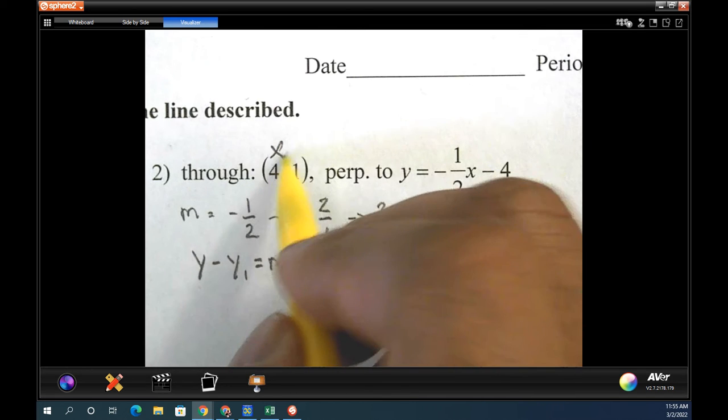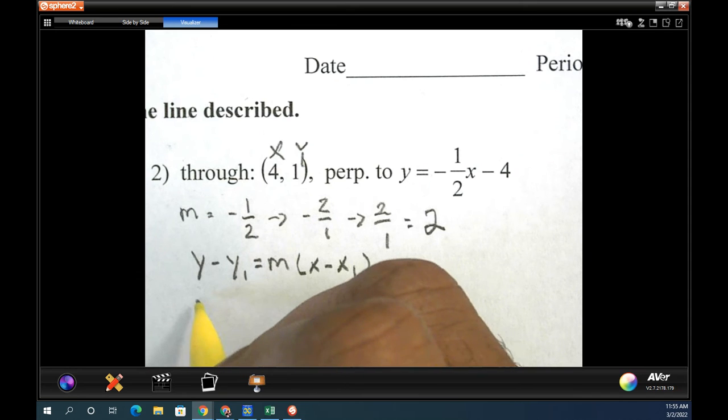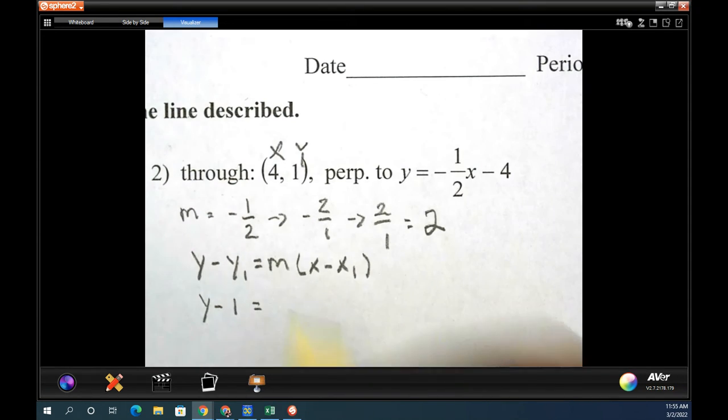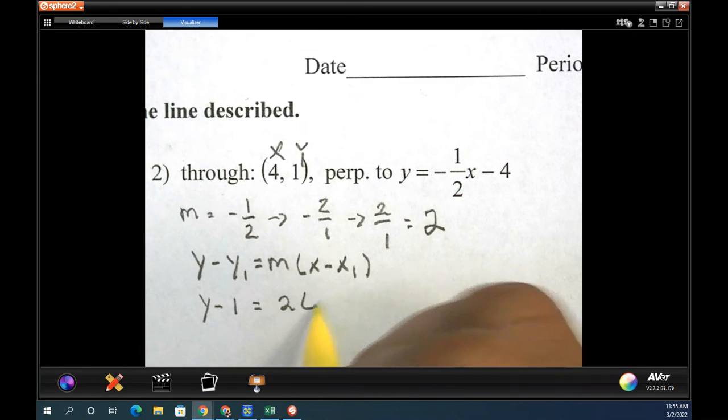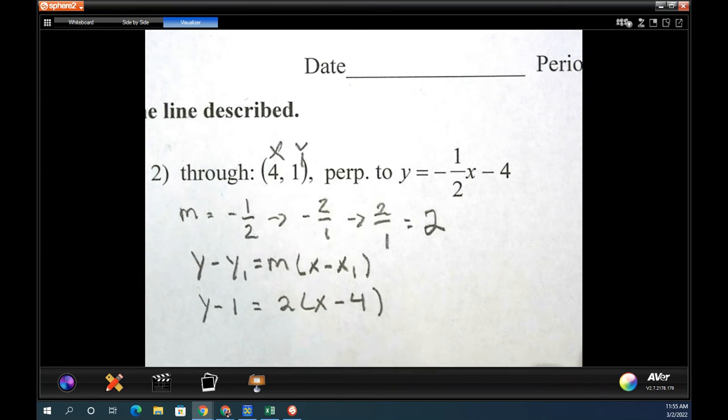There's your x, there's your y. So it's y minus 1 is equal to 2, our new slope, times x minus 4. See if you can work it from there.